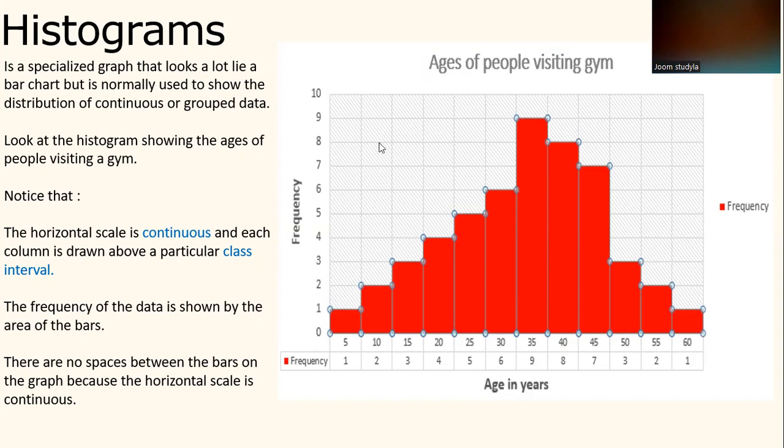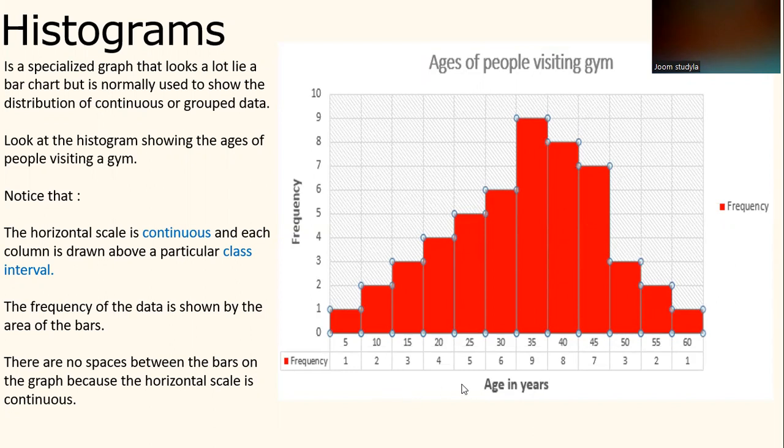There are no spaces between the bars on the graph because the horizontal scale is continuous. This is how the histogram graph looks like. And this graph is actually to tabulate the ages of people visiting the gym.